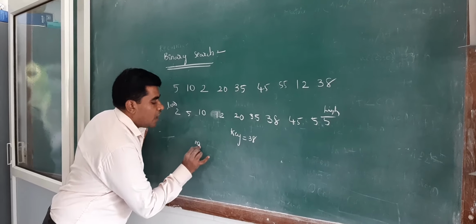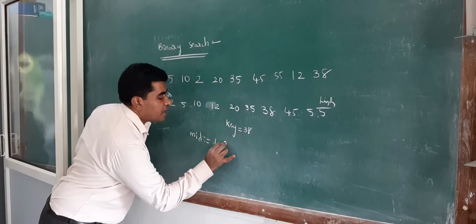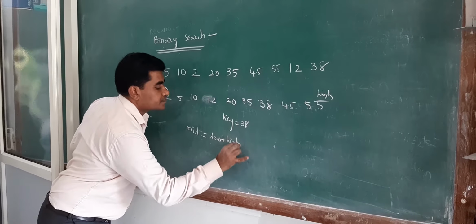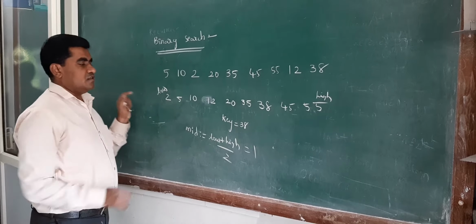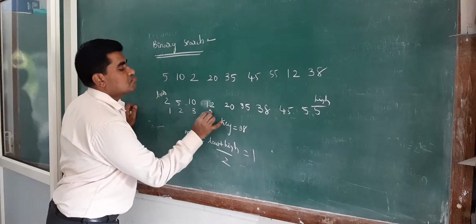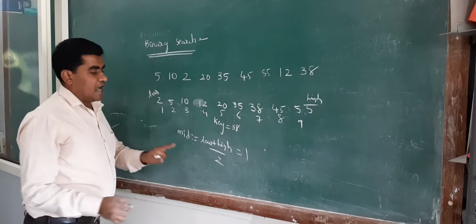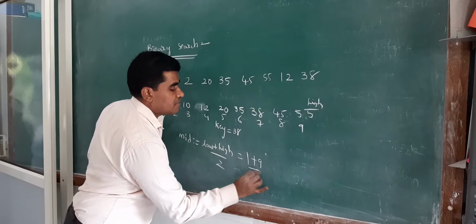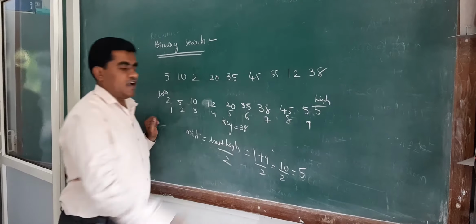So we have to divide the first list: mid equal to low plus high by 2. Low equal to 1, the starting position, and high equal to 9, so 10 by 2 equal to 5.